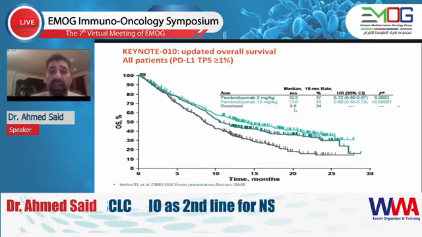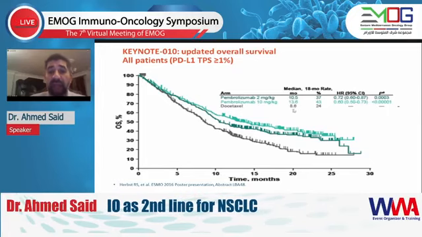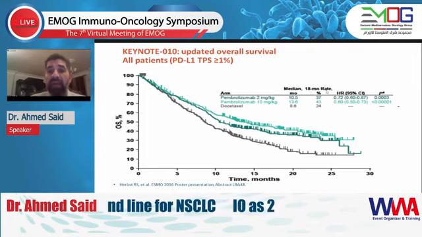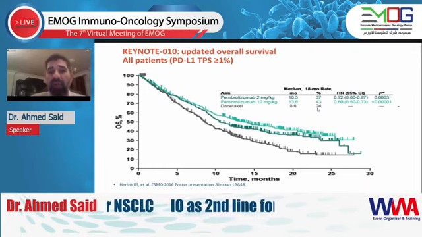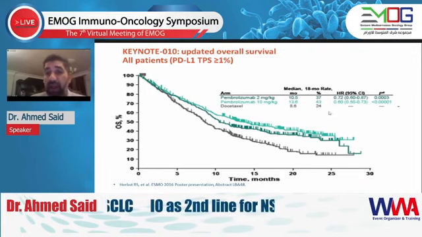And in the docetaxel arm, it is in line with the standards that we find from the previous trial, at 8.6 months, and the 18-month survival rate is 37% and 43% in the pembrolizumab arms and 24% in the docetaxel arm.